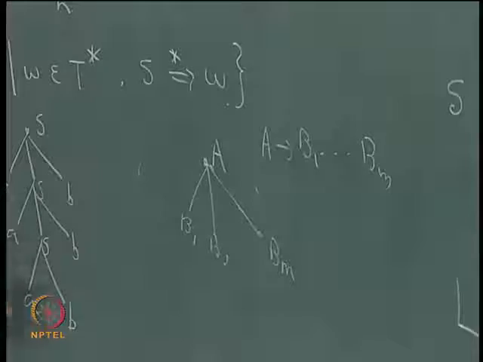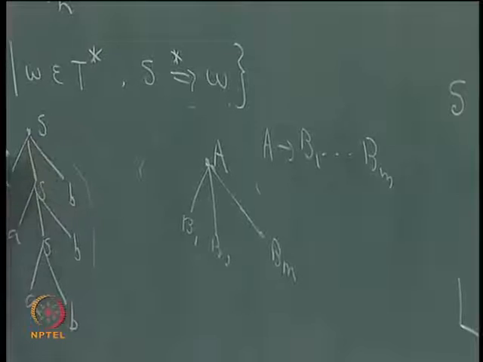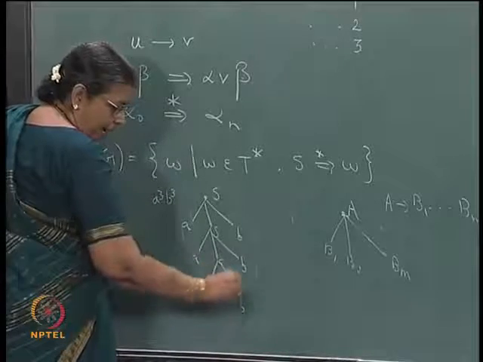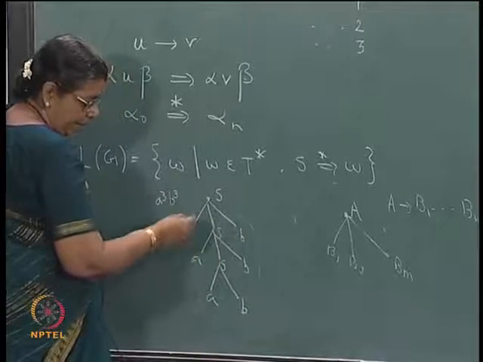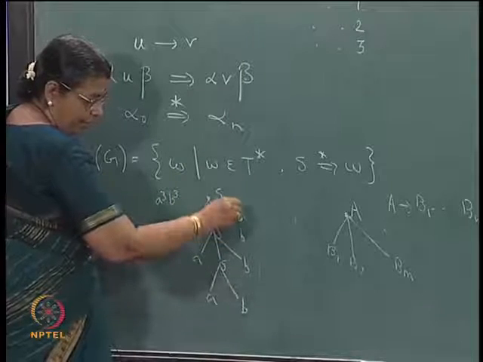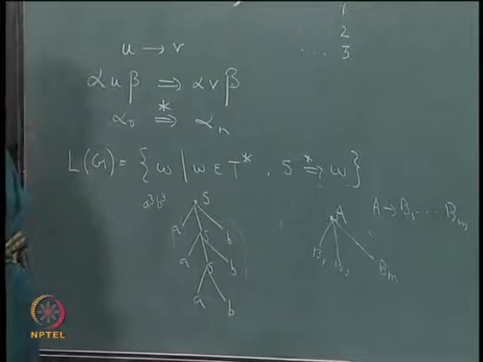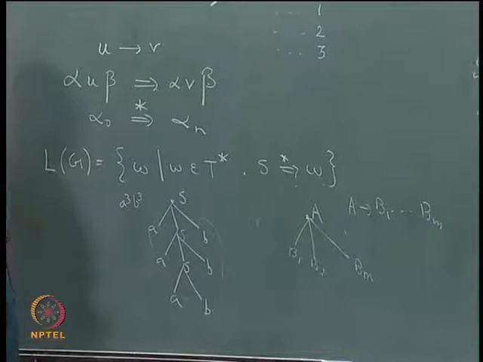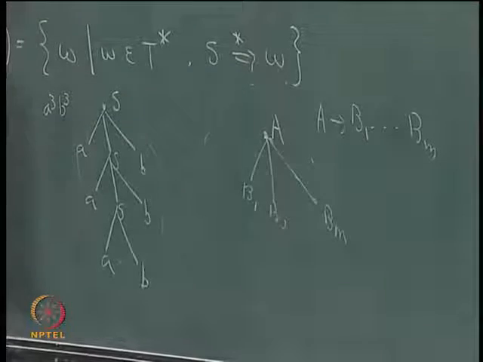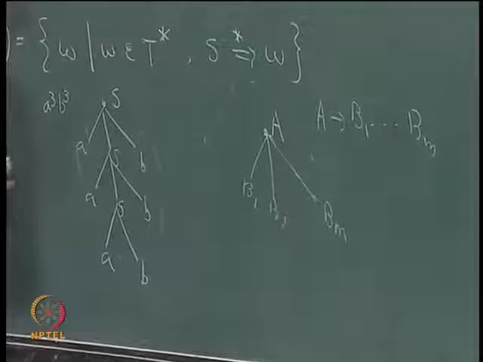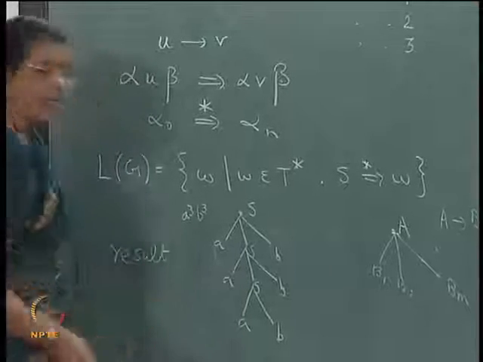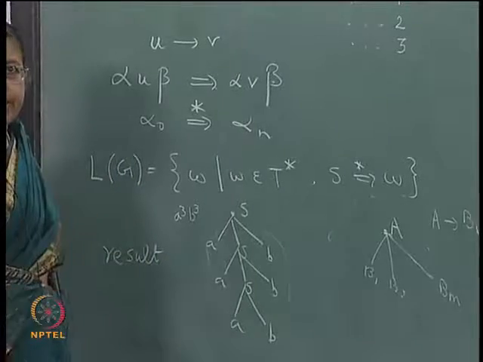The leaves will have terminal symbols, and if you read out the labels of the leaves from left to right, you get the string generated. That is called the result of the tree, or the terminal string generated by the tree.